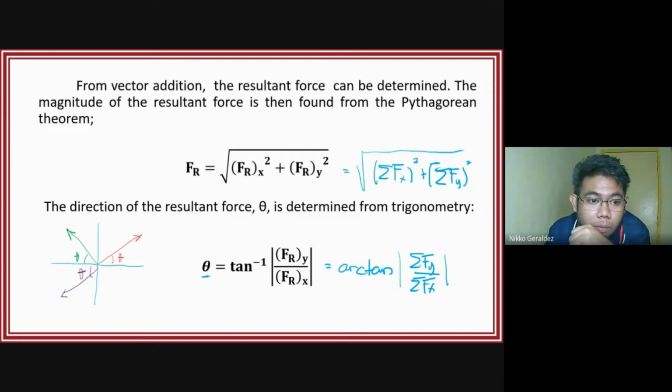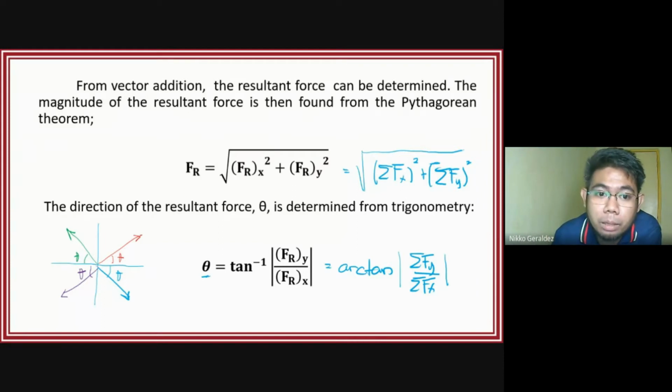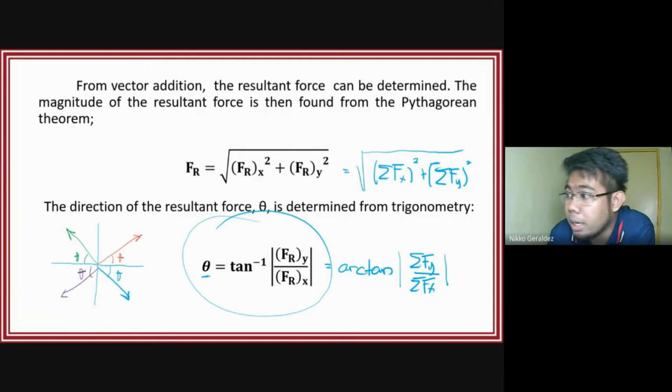At quadrant 4, angle theta mo is below positive x-axis. Pag ginamit tong angle theta na to, laging with respect to the x-axis. Tandaan yun.